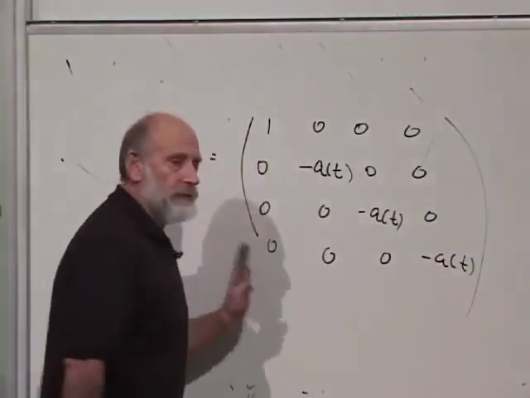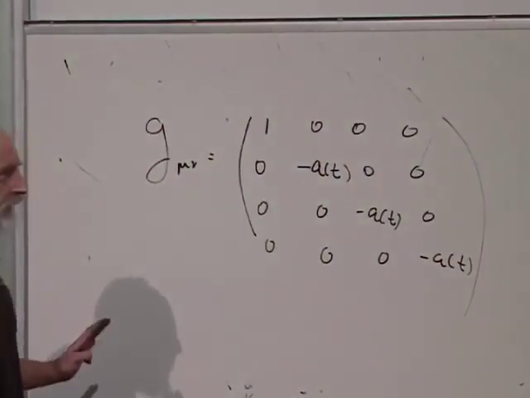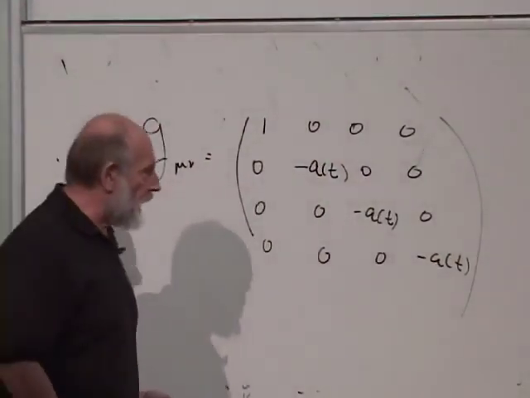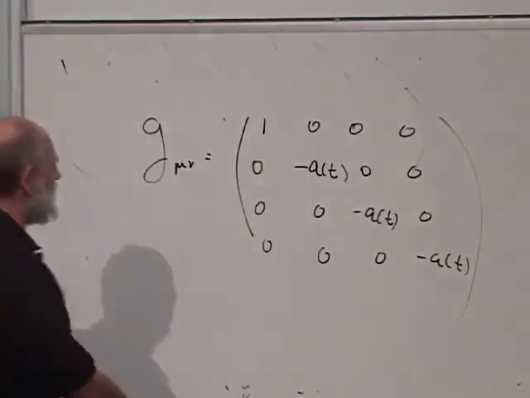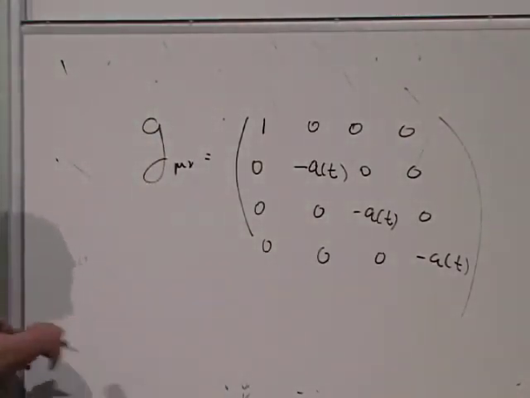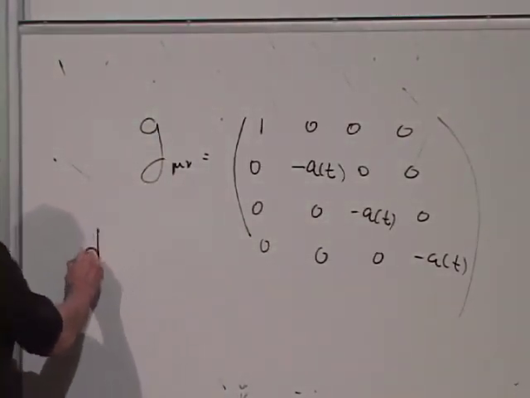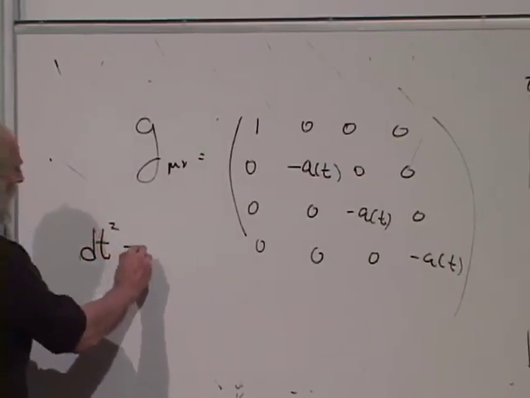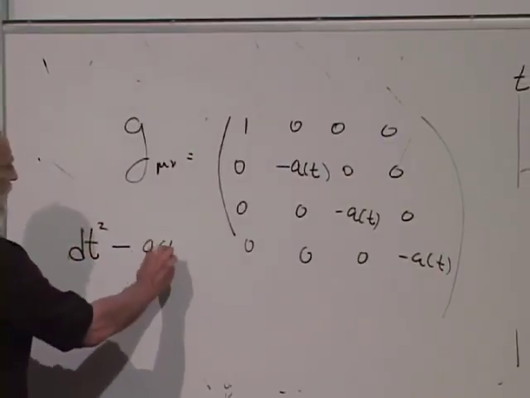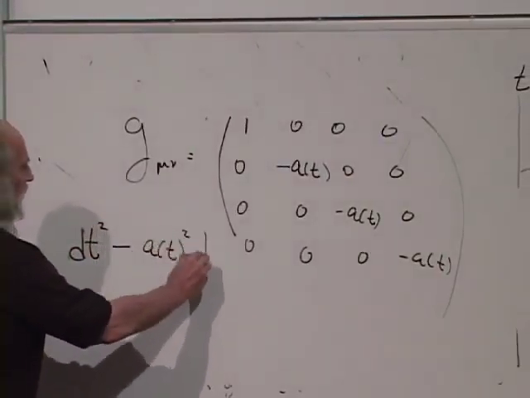One function a of t, just one function, and that function is called the scale factor. What this means is that the proper time, or the line interval, is dt squared minus a of t squared dx squared.